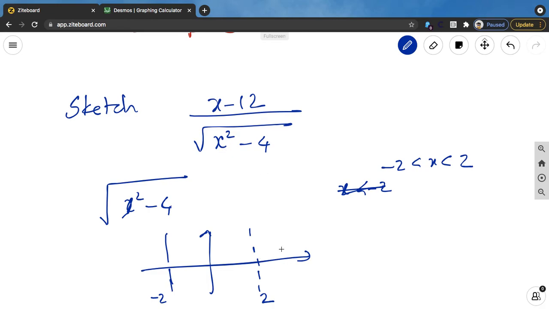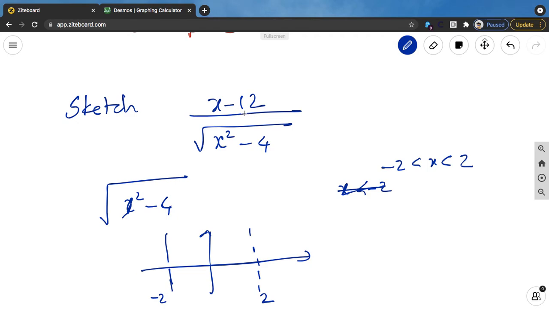What happens on the right of plus 2? The denominator will go on increasing and the numerator will be more and more negative. So the denominator will start bringing it to a lesser and lesser negative value. But it will remain negative till x equal to 12.